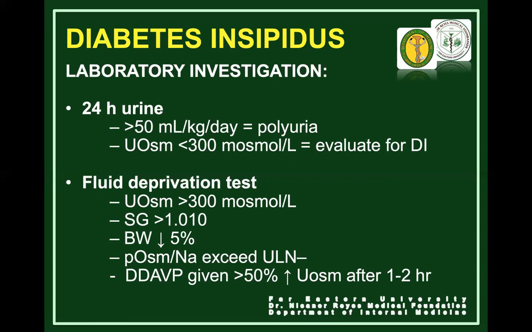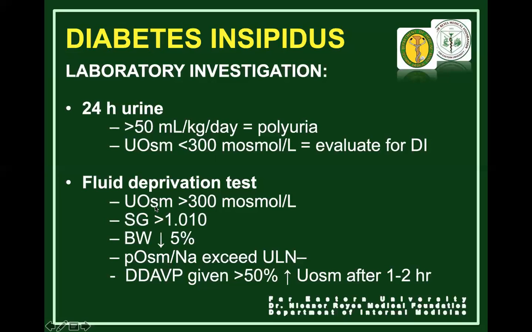So how do you do the fluid deprivation test? We usually insert IV access so that they don't go into severe dehydration, or so we can replace and get samples right away.